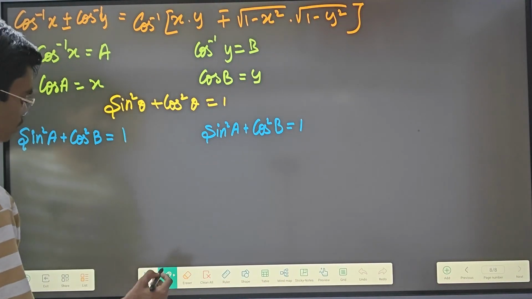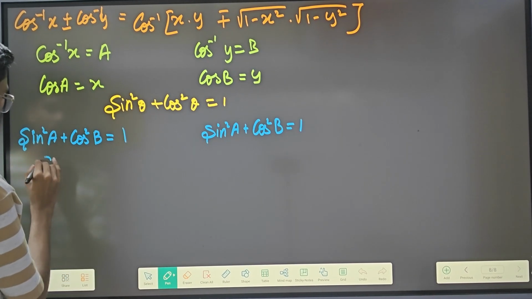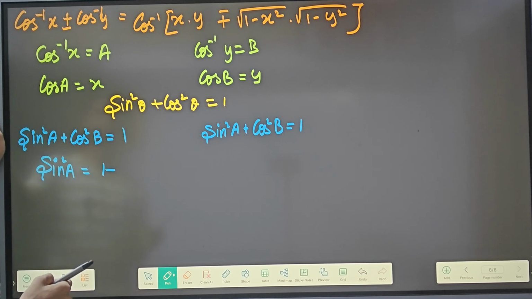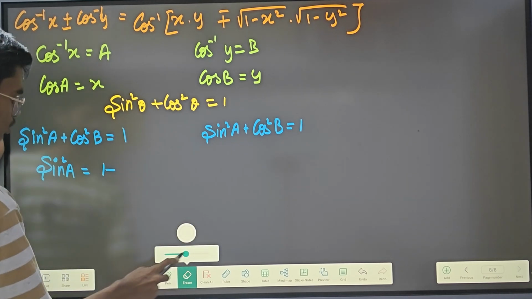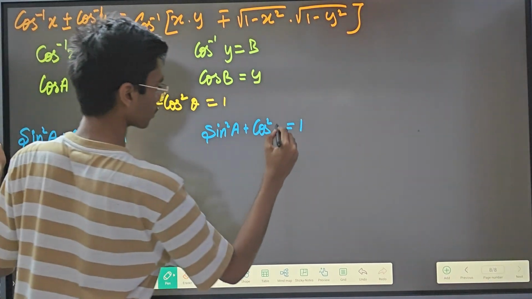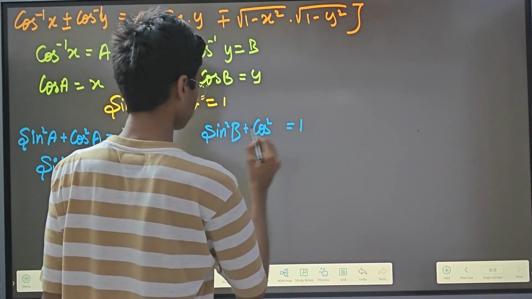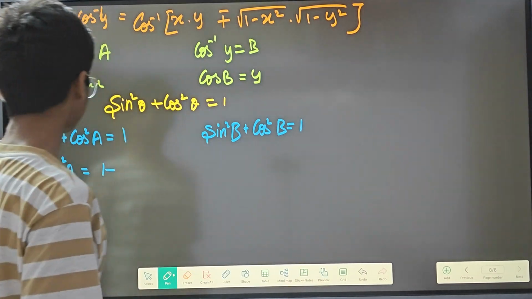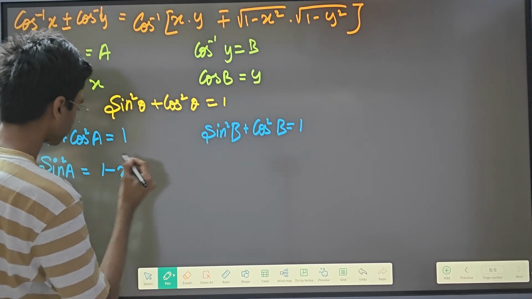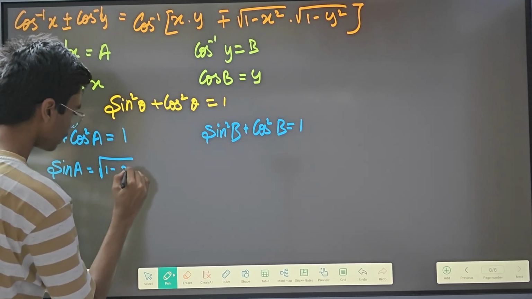You already have cos A, so you need to know sine A. Sine square A is equal to 1 minus cos square A. Cos square A is equal to x square, so sine A is equal to root over 1 minus x square.